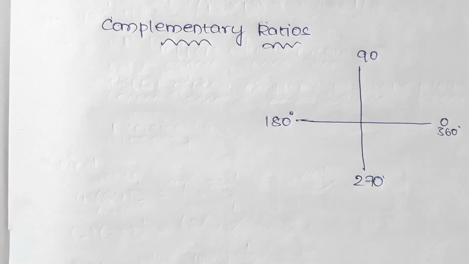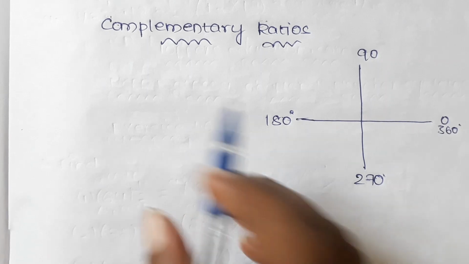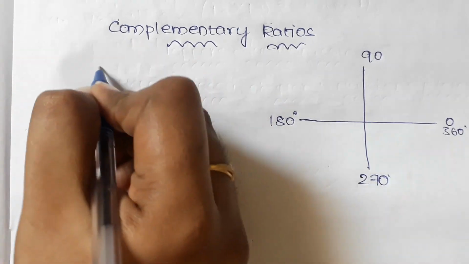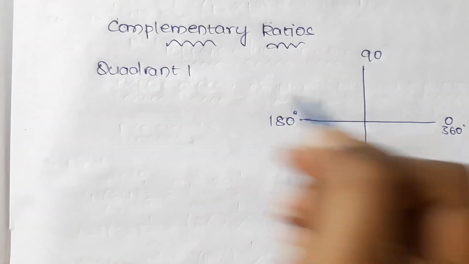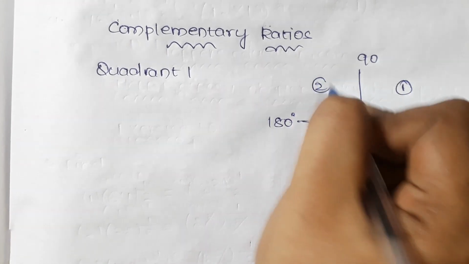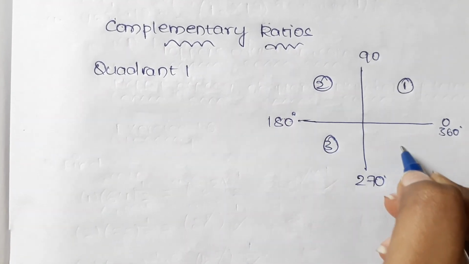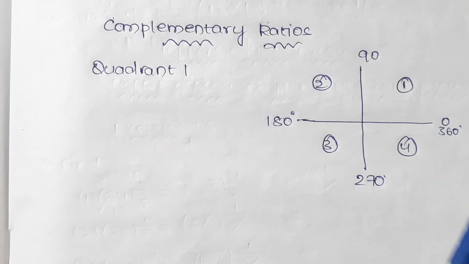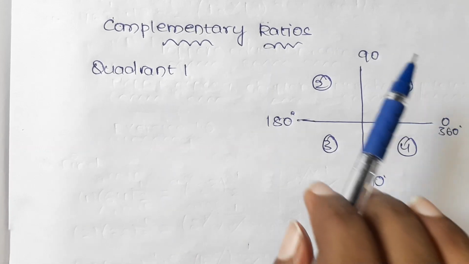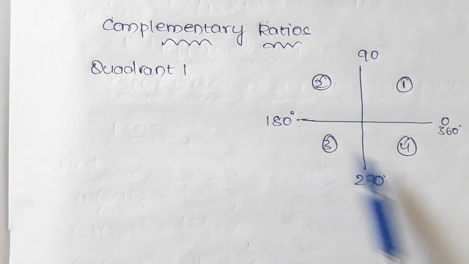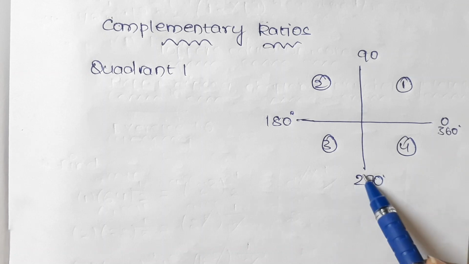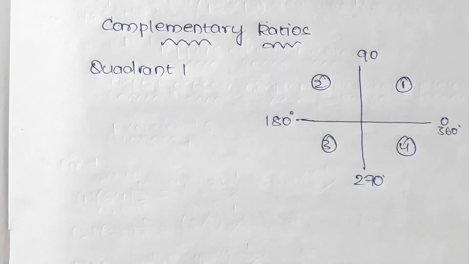By using these 4 quadrants, we can find the trigonometric ratios. First quadrant is 0 to 90 degrees, second quadrant is 90 to 180, third is 180 to 270, and finally 270 to 360 is the fourth quadrant.